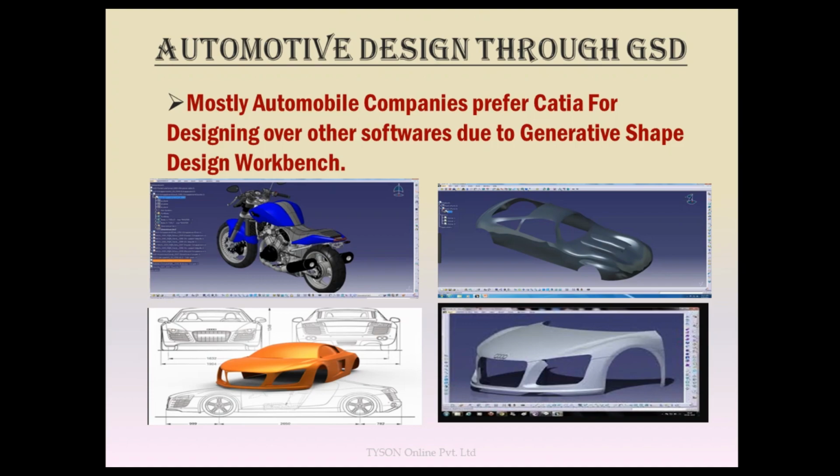So mostly automobile companies prefer CATIA for designing over other software, again due to the generative shape design workbench. So this is the advantage for CATIA. These previous two slides show the main advantages: these companies are using CATIA over any other software.